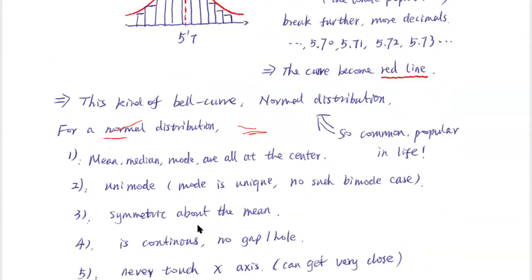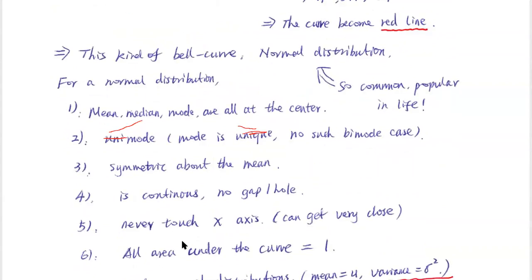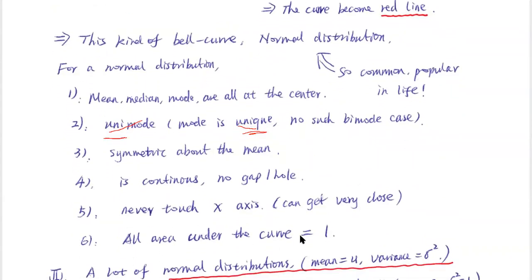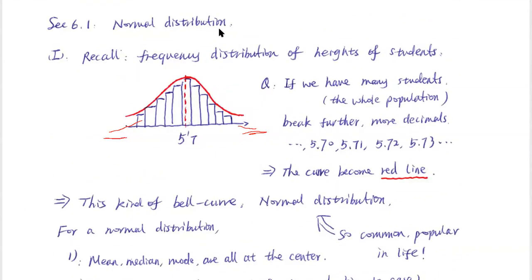Number 6, all the area under the curve is equal to 1. So what does that mean? All the area under this curve should be equal to 100%. Remember, in chapter 5, we studied the probability distribution for the discrete case. One of the conditions is what?